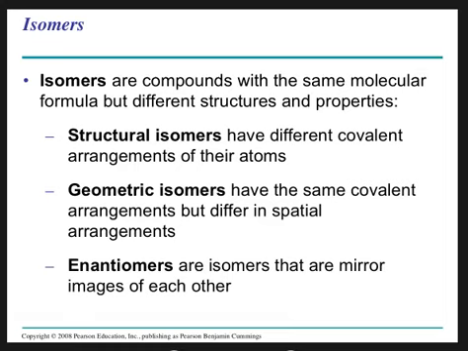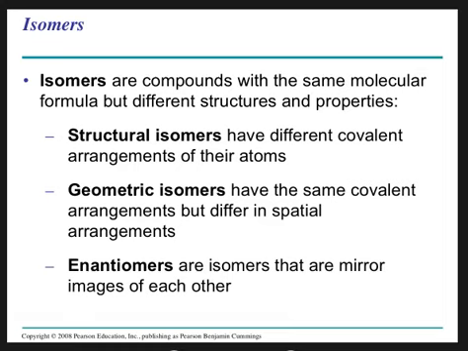Some chemical vocab that you need to grab a handle on. Isomers. Isomers are compounds that have the same molecular formula, C6H12O6, for example, but the way those elements are put together varies. So the difference between, say, glucose and fructose, both C6H12O6, is the way that you arrange those 6 carbons, 12 hydrogens and 6 oxygens.